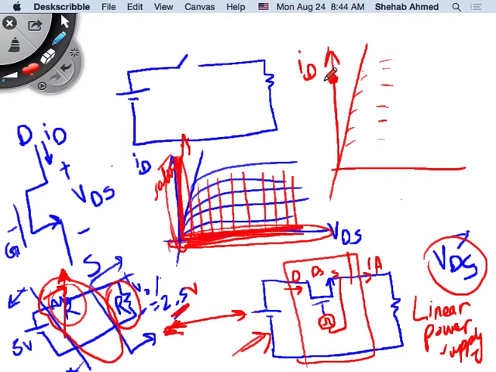So if I want to push a certain amount of drain current, then I'm going to be here, operating on this line. And the amount of voltage across the device will be this, right? Is it a large voltage or a small voltage compared to operating, for example, here?